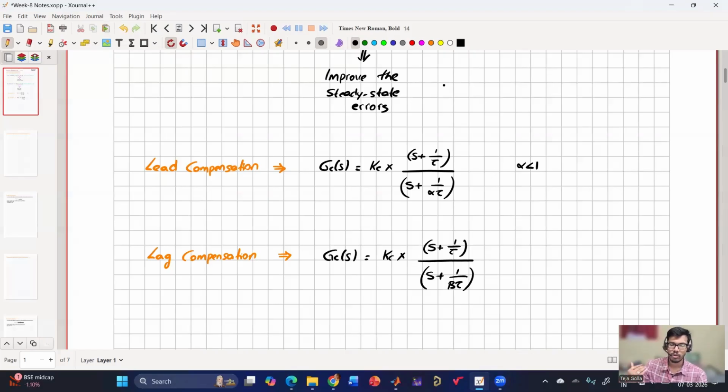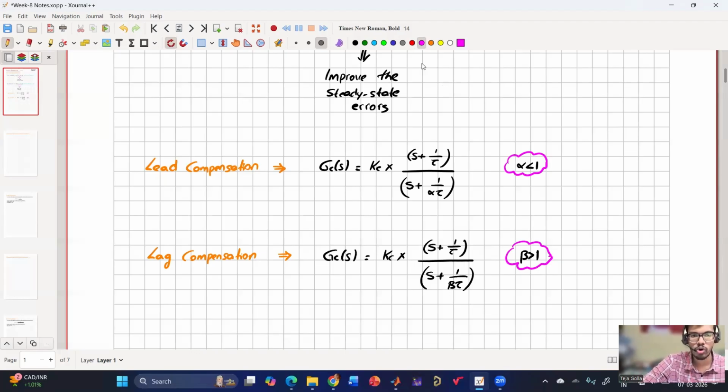Lag compensation means it should lag, so the pole will come first, which means the pole should be closer to the imaginary axis. If my zero is 1 by tau, the pole should be lesser than 1 by tau. So if I have 1 by beta, then beta should be greater than 1. So here beta will be greater than 1. We will always be using these transfer functions for lead as well as lag, so there should not be any confusion between alpha and beta.